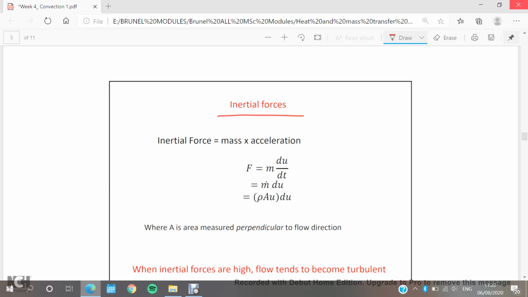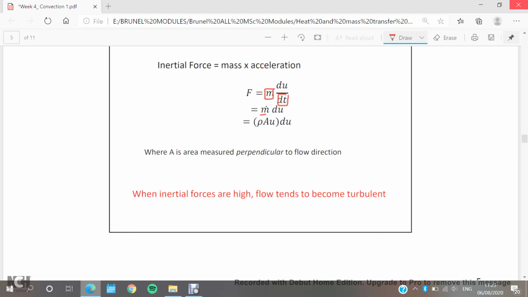So the changing velocity, which is acceleration, times the mass is equal to the inertial force. If we have these two terms, m, which is the mass, and the time change, we can call it m dot, which is the mass flow rate. So the mass flow rate times du, which is the velocity change, is the inertia force.